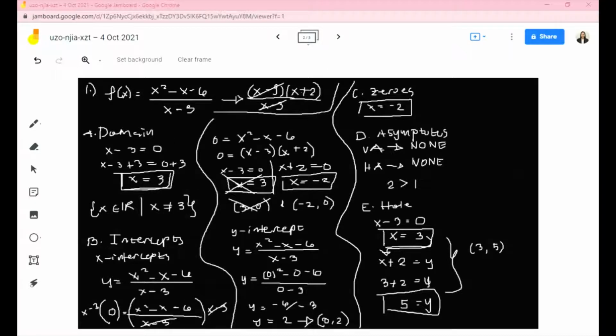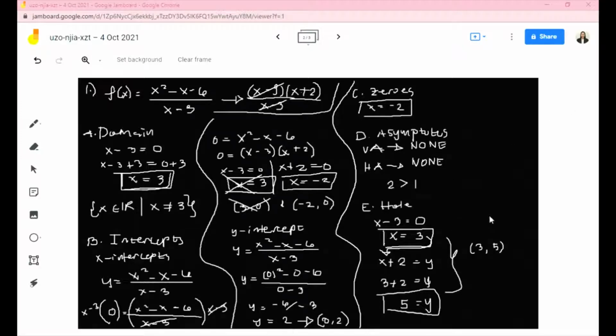So we just have to write down here our function. In the given example, our function is y is equal to x squared minus x minus 6 all over x minus 3. So this is how the graph of your function will look.